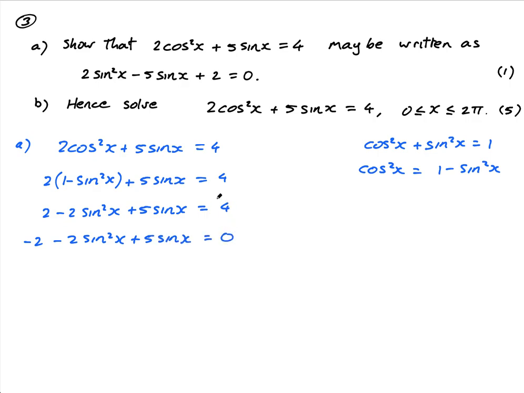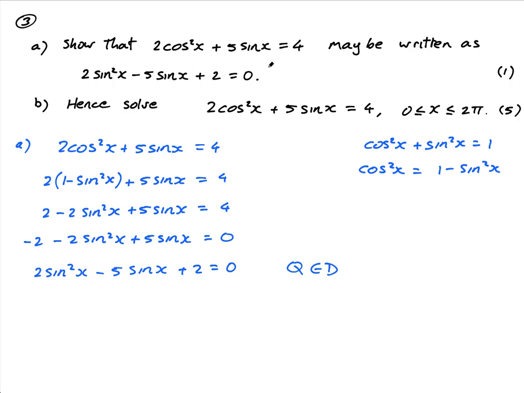Then multiply across by negative 1, or change the signs across, and I get 2 sine squared x minus 5 sine x plus 2 equals 0. I'm going to write QED because that's what they wanted me to show.